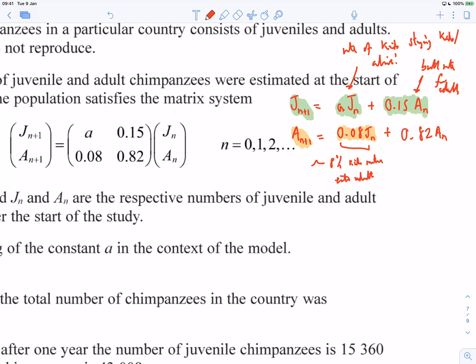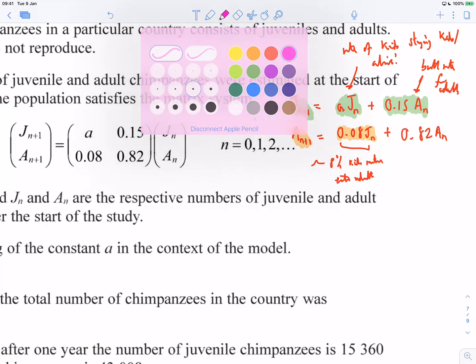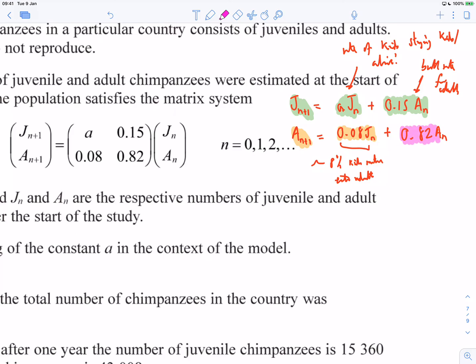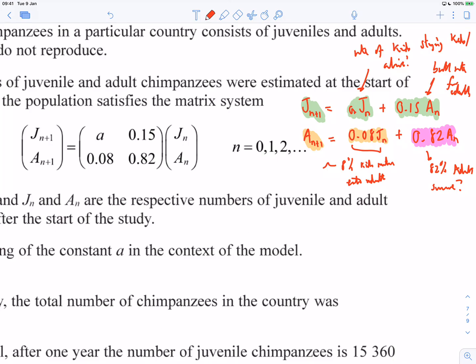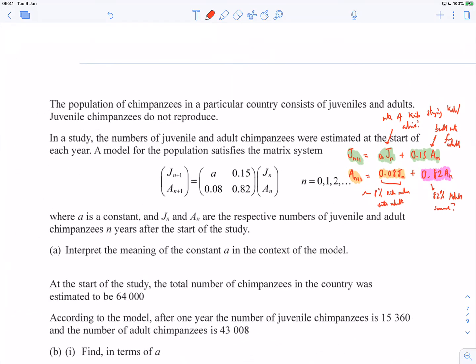So for every 100 kids in a particular year, 8 of those will grow up into adults, or be classified as adults at that point. And then 0.82 means that only 82% of the original adults from the previous year survive. So you've got a death rate of about 18% of the adults every year.